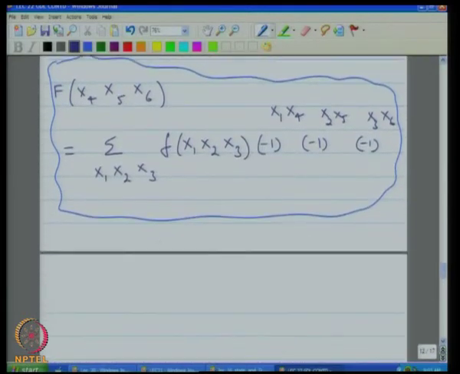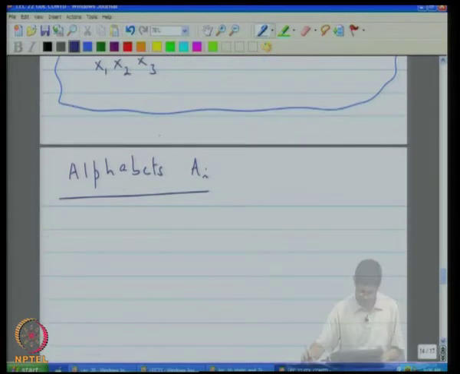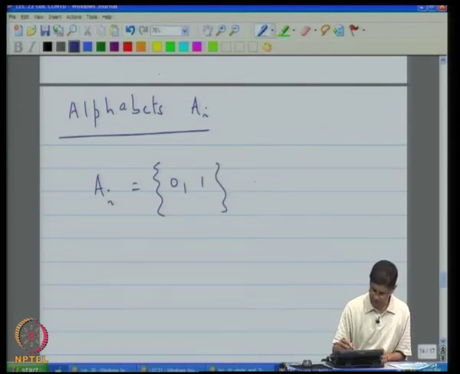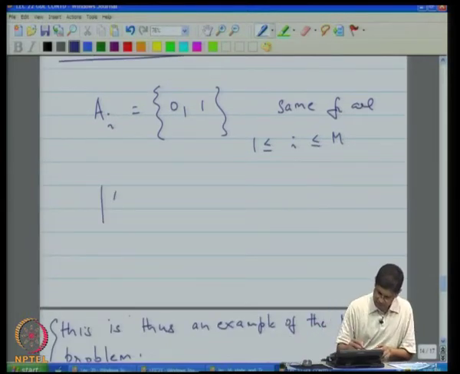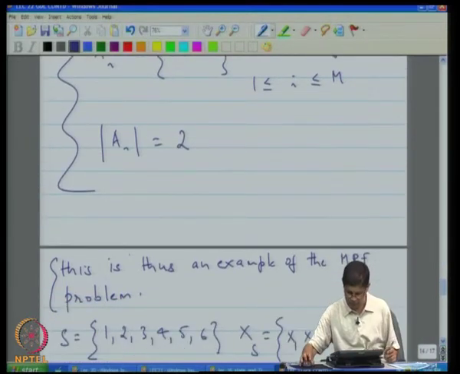So, as far as alphabets go, each alphabet A i is just the binary alphabet 0 1. So, the alphabet is the same for all i between 1 and m, and of course, the size of each of these alphabets is 2. Okay, so, that is as far as alphabets go.